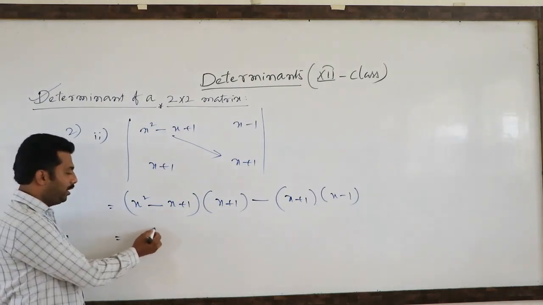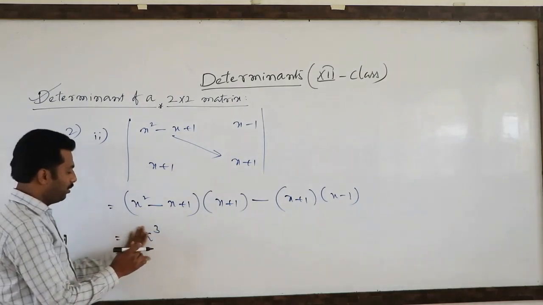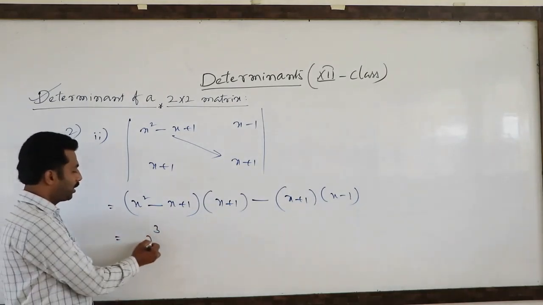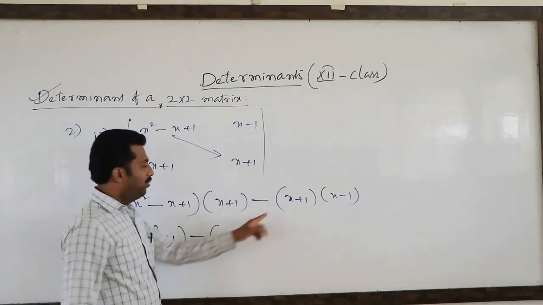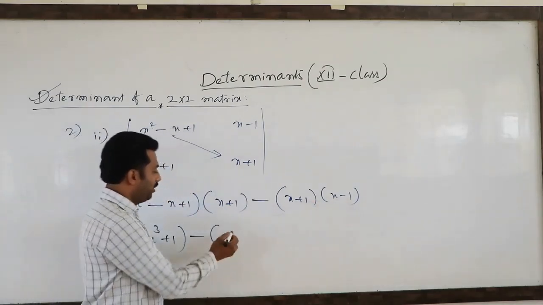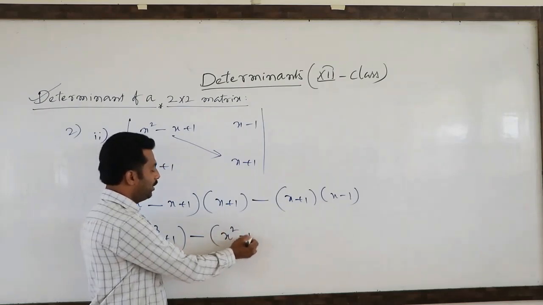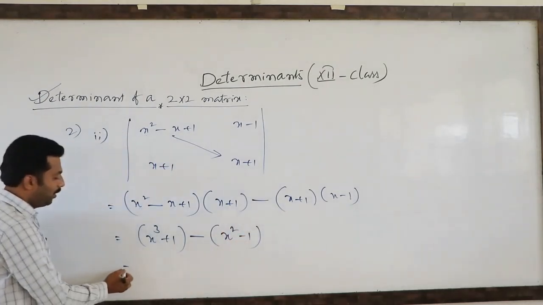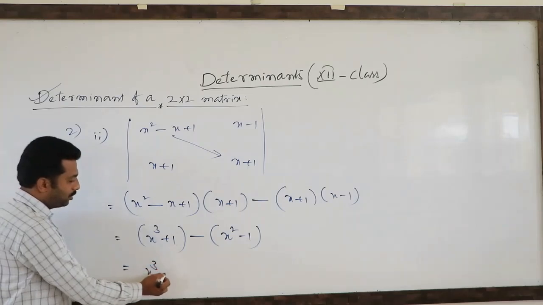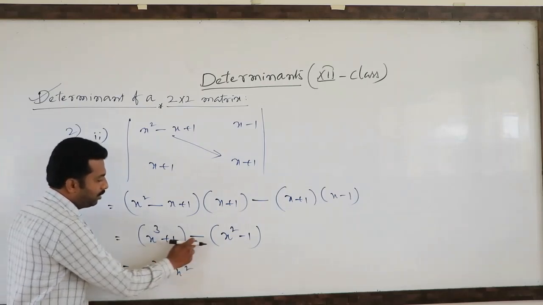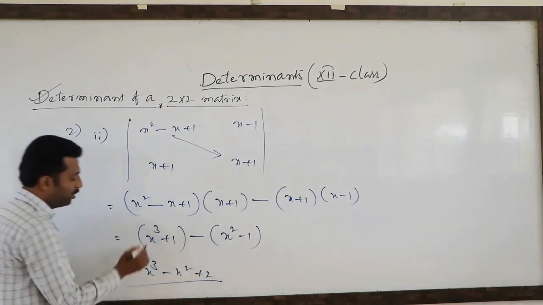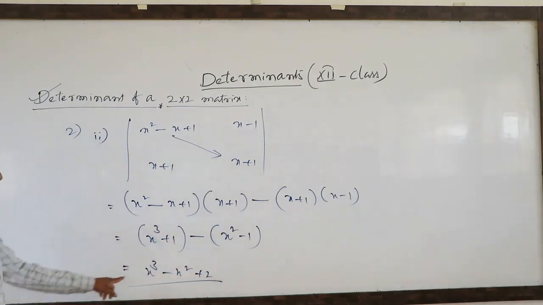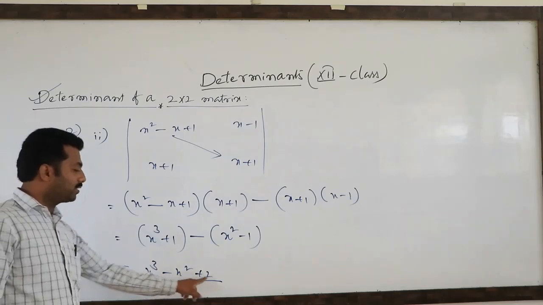What we can write? a cube plus b cube, nothing but x cube plus 1, minus a plus b into a minus b, that is a square minus 1. So finally x cube minus x square minus of minus 1 plus 1 plus 1, this is plus 2. So answer is x cube minus x square plus 2.